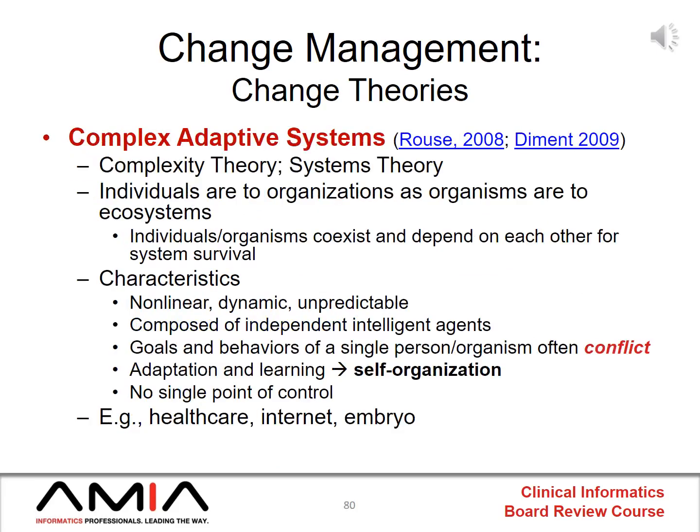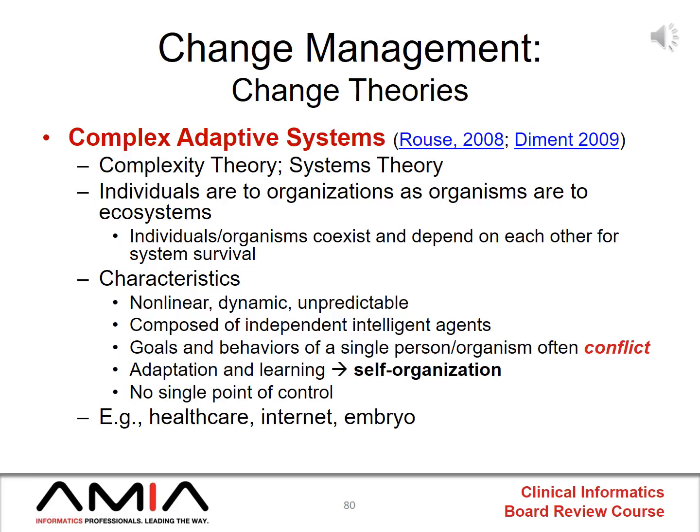The last change management theory, which is listed in your core content, is complex adaptive systems. This is also known as complexity theory or systems theory. And this theory effectively states that change is very dynamic, it's nonlinear, and it can be very unpredictable in its effects. In complex adaptive systems, individuals are to organizations what organisms are to ecosystems.